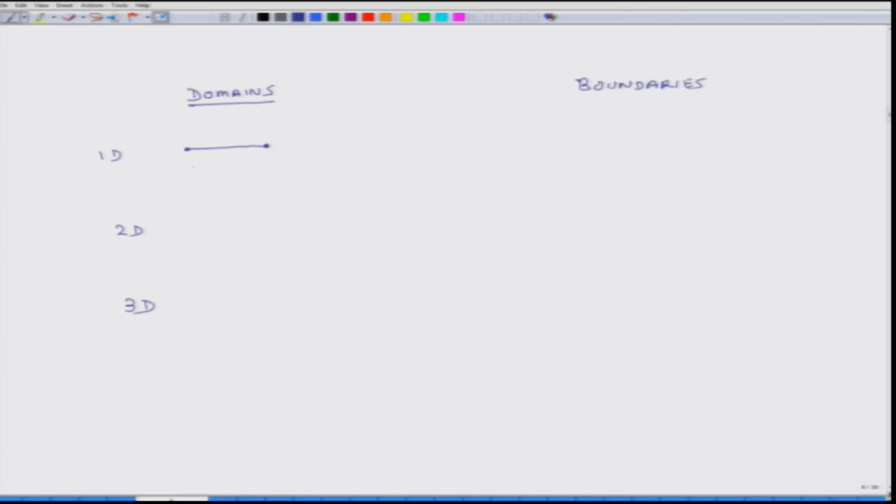Another example of a domain, now this domain is not simply connected, right. So, this is example 1, this is example 2, because there is a point here and a point in this one, and if I connect them, all the intermediate points between these 2 points do not lie on the line. So, this is a 1D domain simply connected, this is a 1D domain not simply connected. In this case, the boundaries are just endpoints.